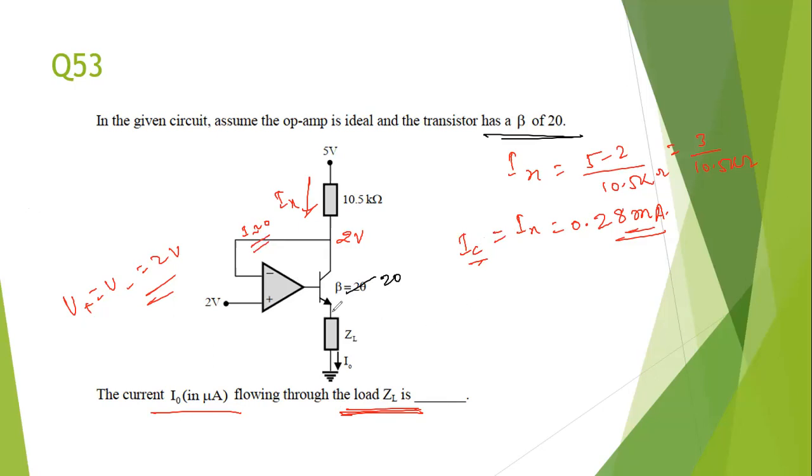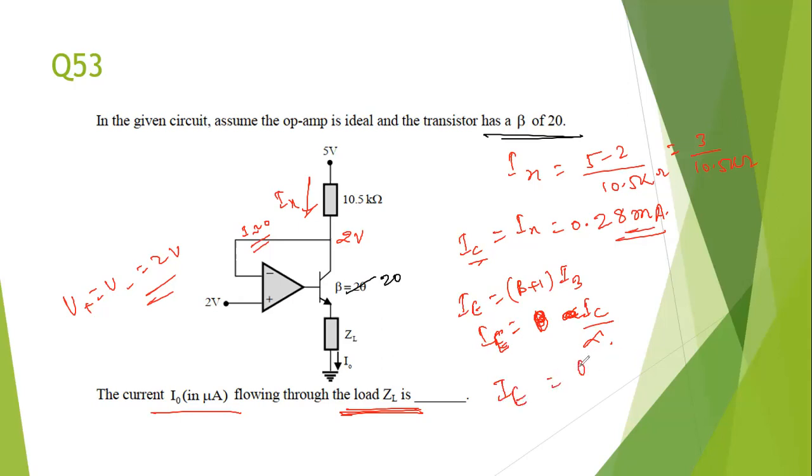So this is your emitter current. The emitter current is beta plus 1 into IB base current, or you can say IC by alpha. Now what's the value of IC?